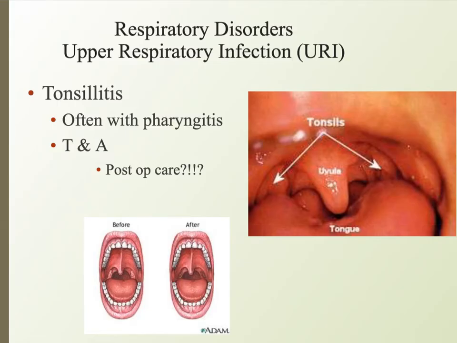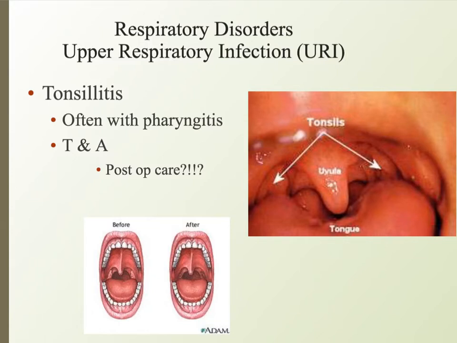Some other things that we need to worry about with upper respiratory infections is tonsillitis. This is very common with pharyngitis as well. Tonsils, what do they do? Let's discuss this in class. I hope you are all aware of the uses of our tonsils.